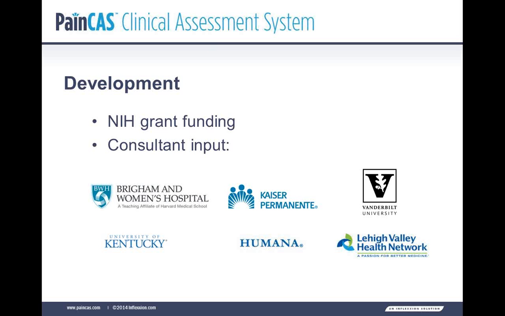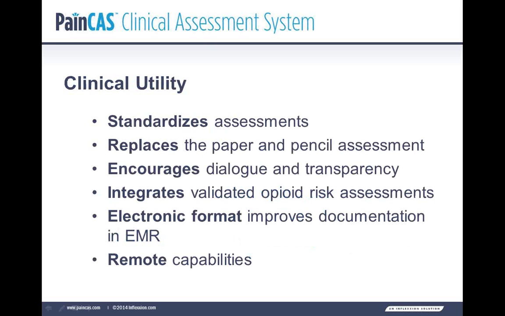Then we did cognitive interviewing with chronic pain patients and usability testing to see whether or not patients felt that it was an easy program to use. And then lastly, we embarked on a program study at 3 various clinic settings to make sure that PainCAS lived up to its promises.